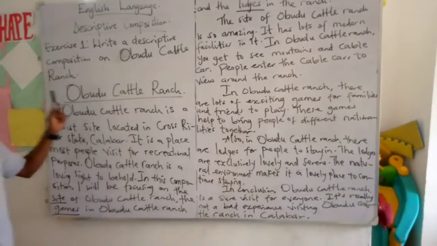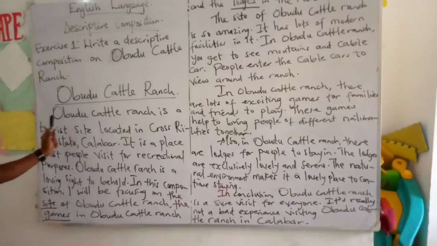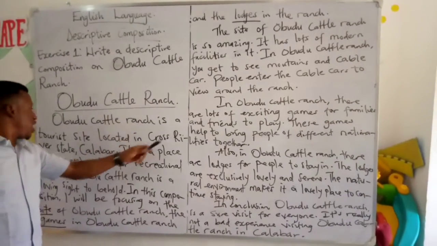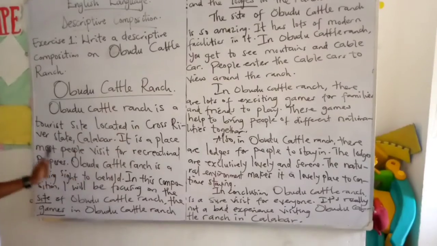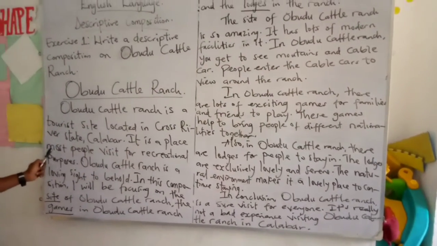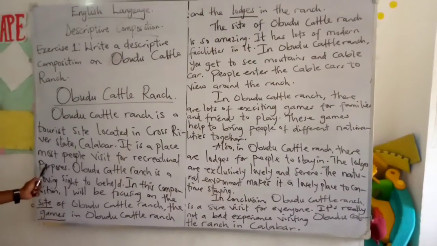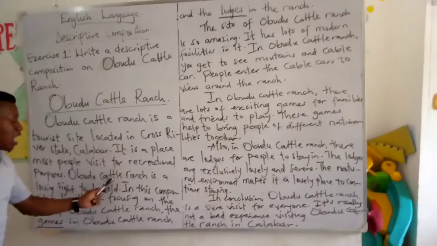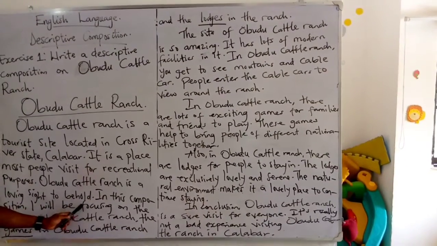Let's read. Obudu Cattle Ranch. Obudu Cattle Ranch is a tourist site located in Cross River State, Calabar. It is a place most people visit for recreational purposes. Obudu Cattle Ranch is a lovely sight to behold.